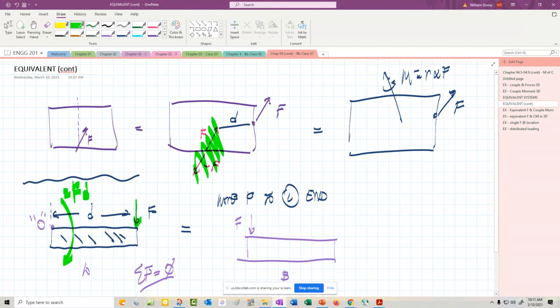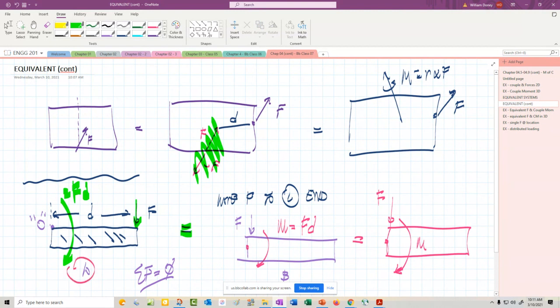Because of its location here, it creates a moment about point O. So if I want to have the equivalent system over here, I have to include that moment. So our true equivalent system, if I slid that force over there, would be that force and a moment.